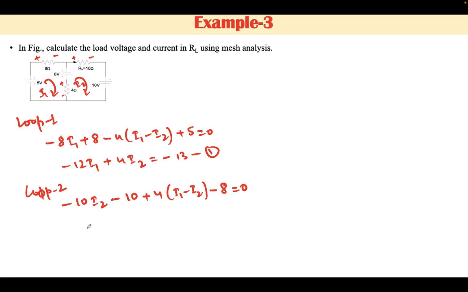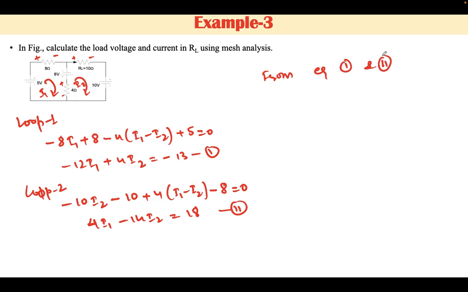On simplifying this equation, we will get 4 I1 minus 14 I2 is equal to 18. This is equation second.